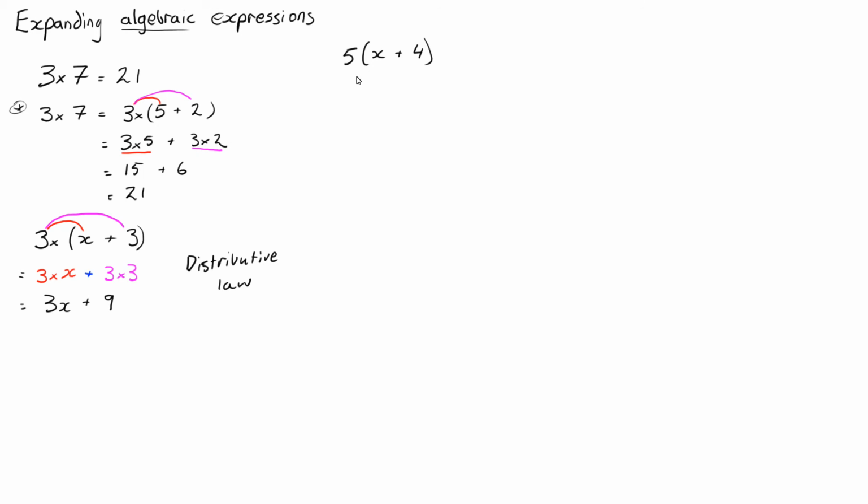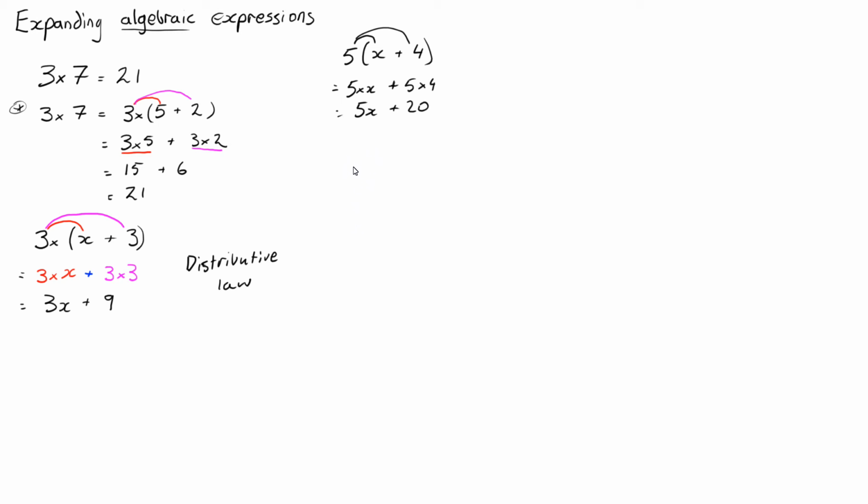Very similar. Essentially what I do is multiply the 5 by every number inside the brackets. So I'm going to have 5 times x and 5 times 4 with an addition in between them. 5 times x gives me 5x, 5 times 4 gives me 20. So it's 5x plus 20.